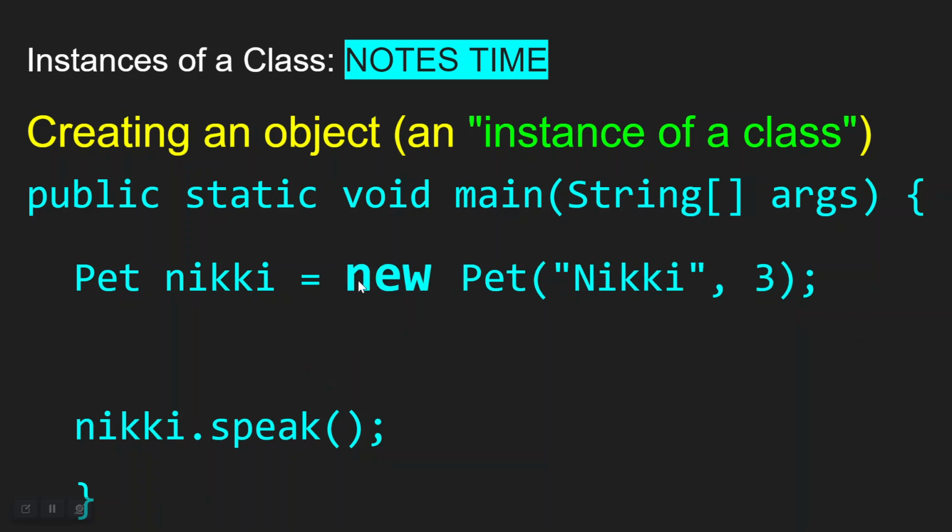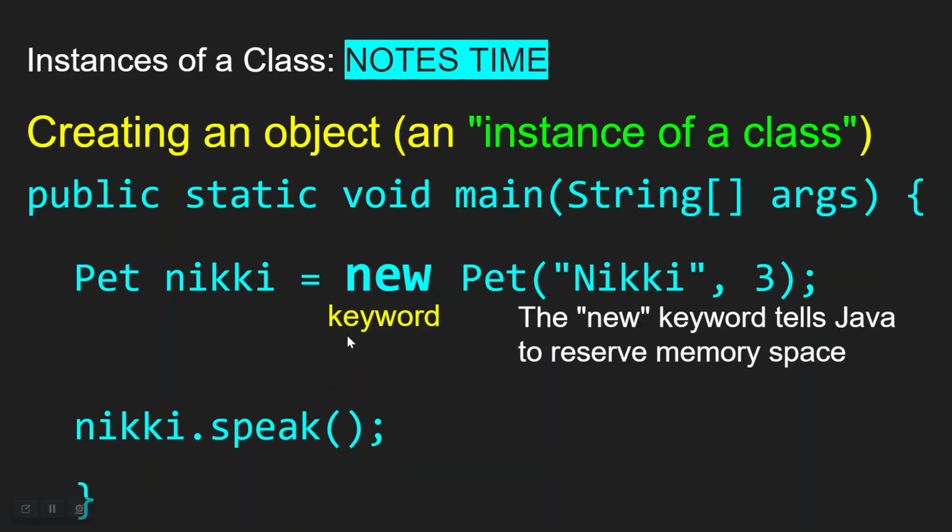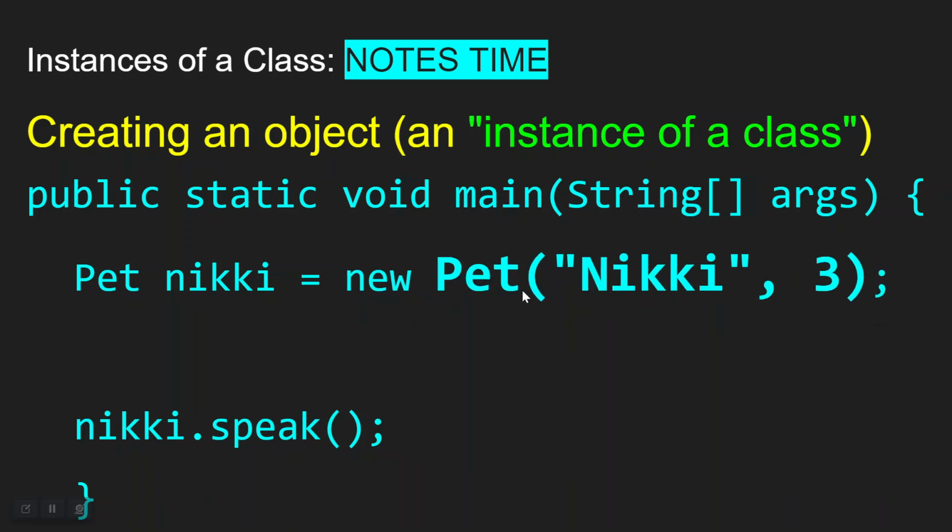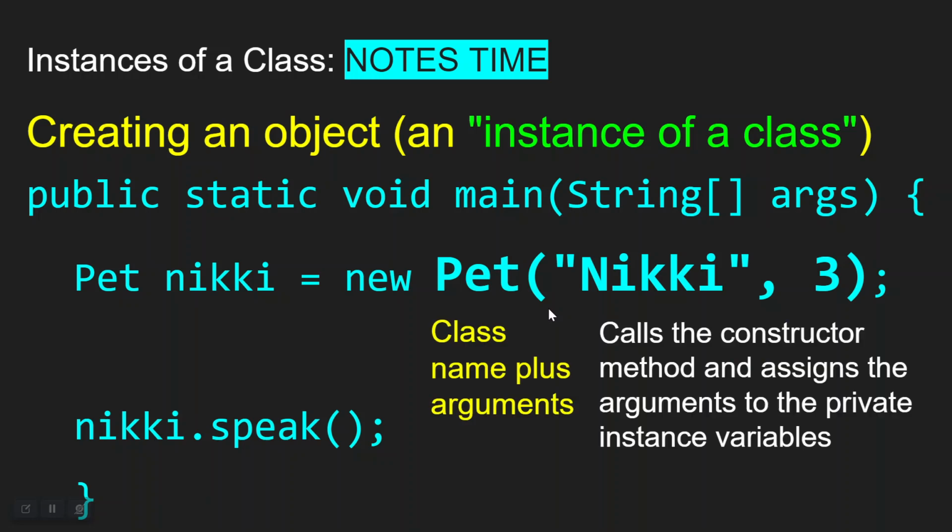Then we have the word new. Now in Java, new is what's called a keyword. The new keyword tells Java that you're creating a new object and it needs to reserve memory space in order to store the data for that object. That's what the word new does. And then finally, you repeat the class name, and this time you give it all of the information that it needs.